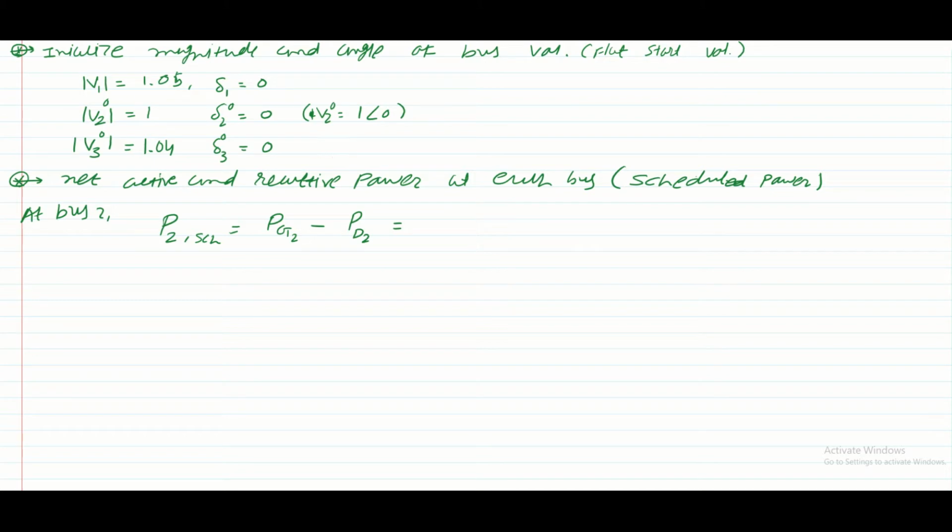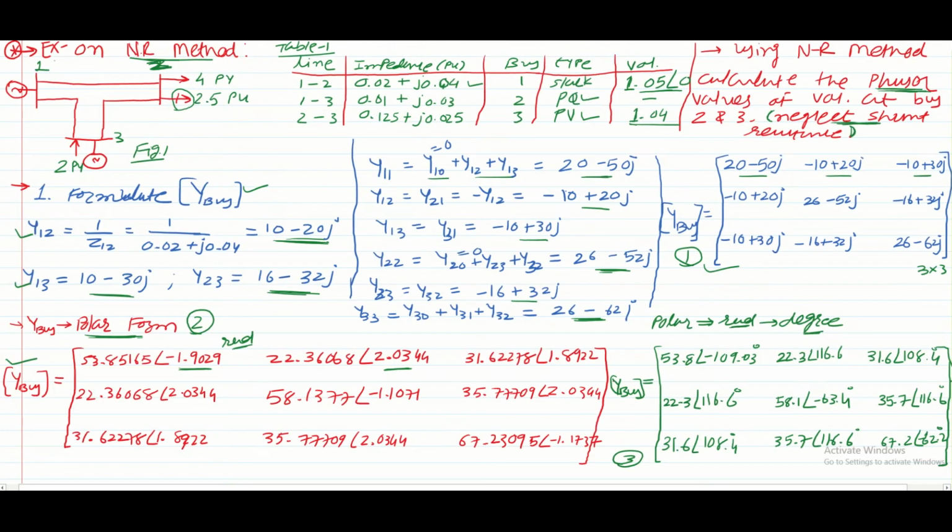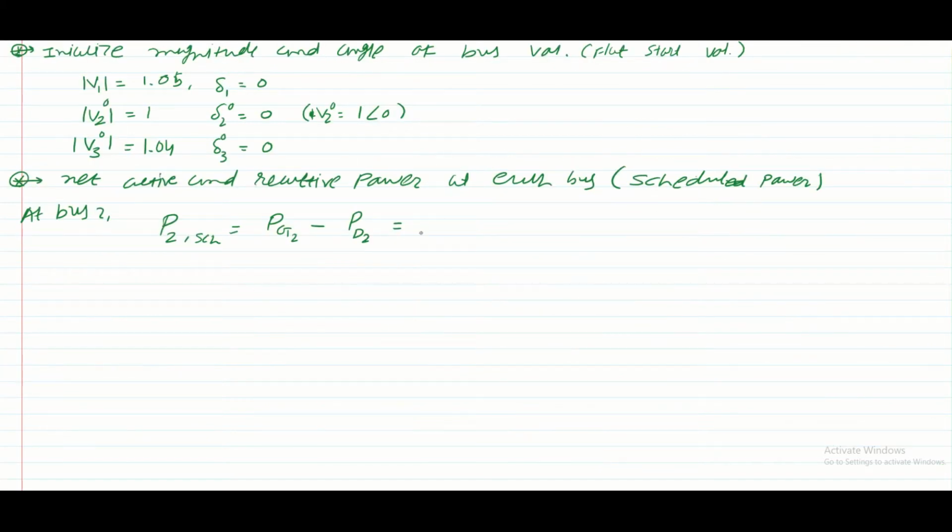So here in bus number 2, the generation is not given, arrow outward to the network, that means it is demand. So you can write 0 minus 4, which is minus 4 per unit. This is your net active power at bus number 2.